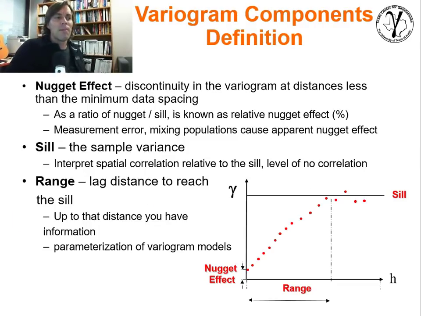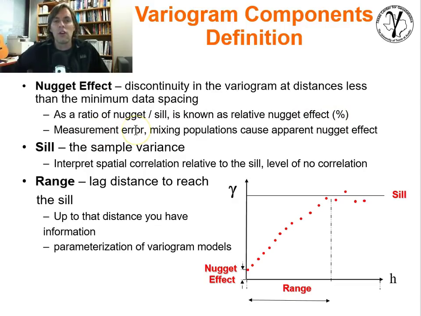Let's summarize some of the basic components or definitions that we've really covered until now, but we want to get them really solid, make sure we're using the right terms. The nugget effect: the discontinuity in the variogram at a distance less than the minimum data spacing, often reported as a ratio or as a relative nugget effect, a percentage.